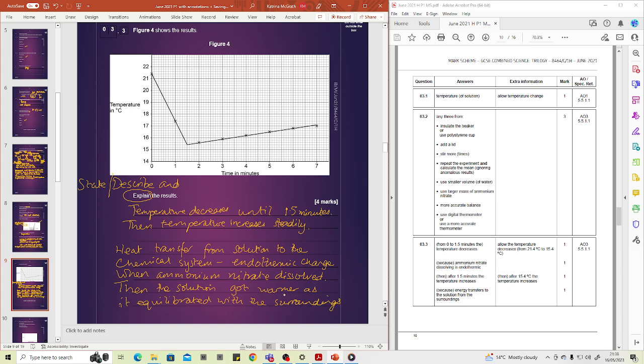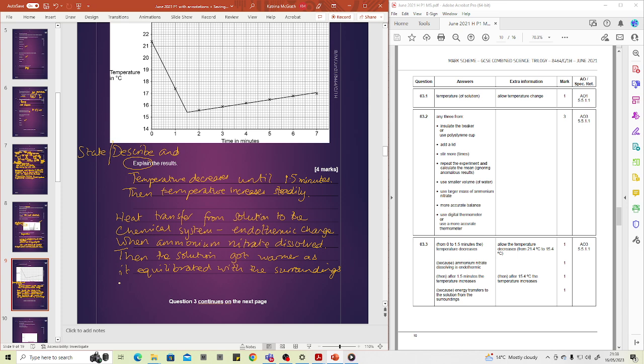In other words, heat was transferred to the system, to the solution, from the warmer surroundings. Okay.